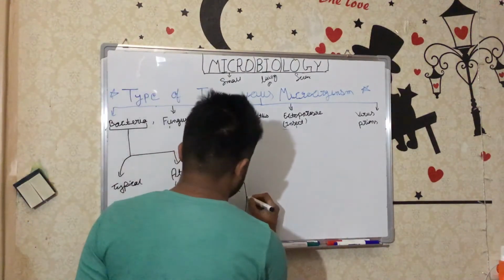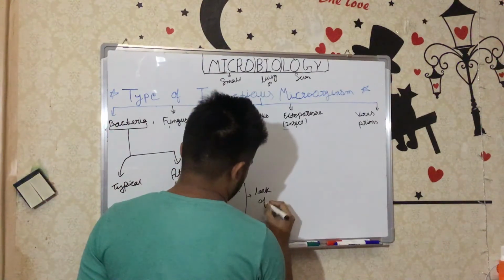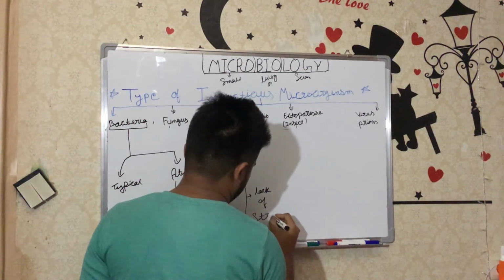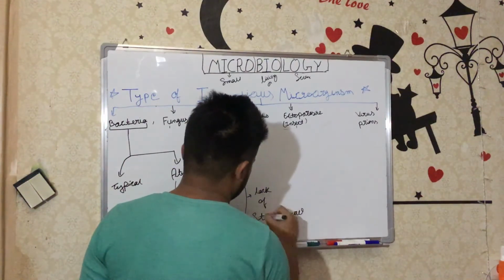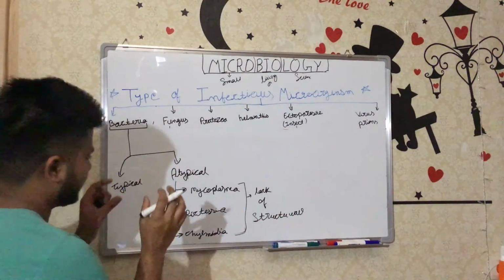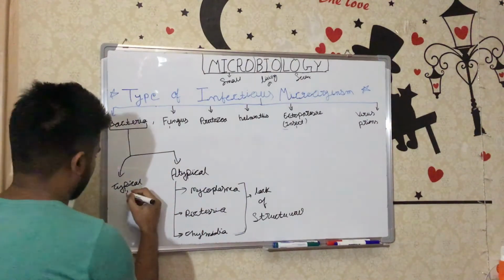Atypical means lacking the structural wall. Their structure is not like the typical bacteria, and except these three, all bacteria belong to the typical.